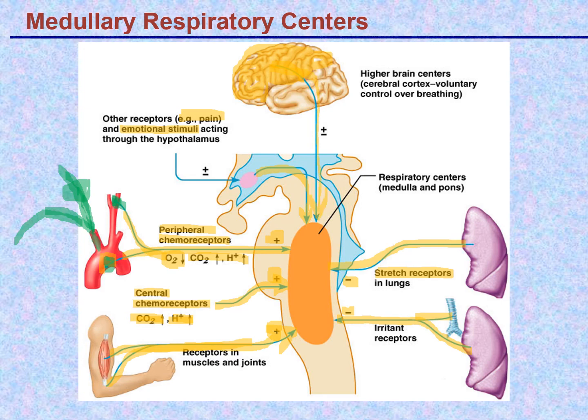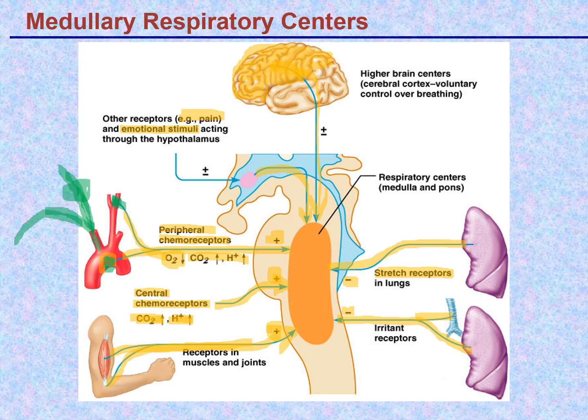So there's a lot of incoming sensory information or nerve signals coming into the respiratory centers that can affect, mostly unconsciously but also consciously, your rate and depth of breathing.